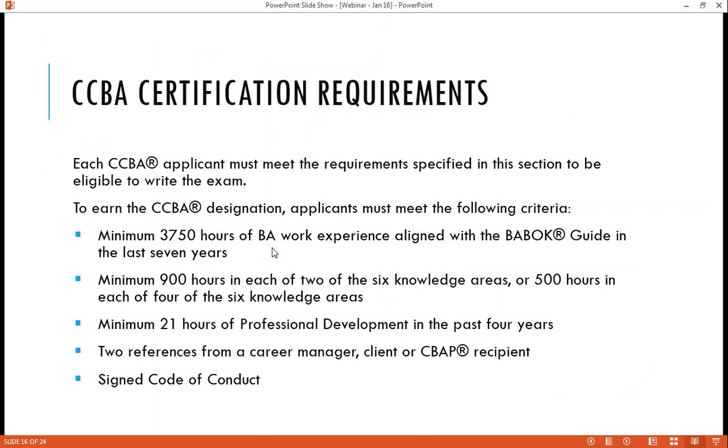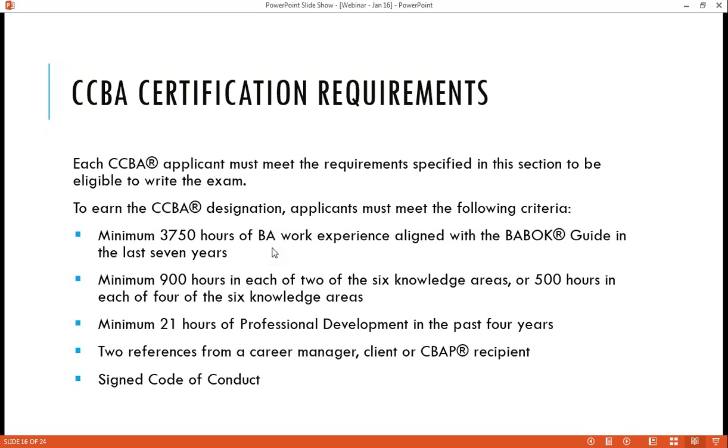Okay. So now this is some information about CCBA certification requirements. You have to do minimum 3,750 hours of BA work experience, aligned with the BOK, which is the Business Analyst Body of Knowledge. You should have minimum 900 hours in all the 6 knowledge areas. We didn't talk about 6 knowledge areas, right?